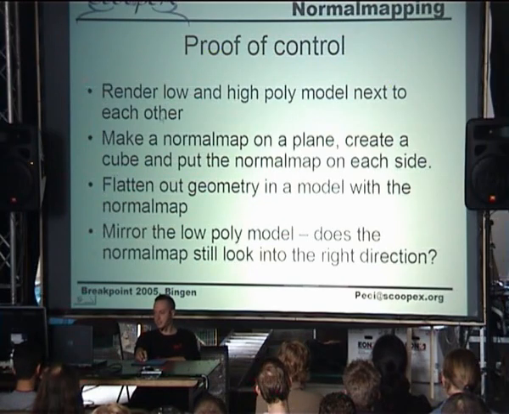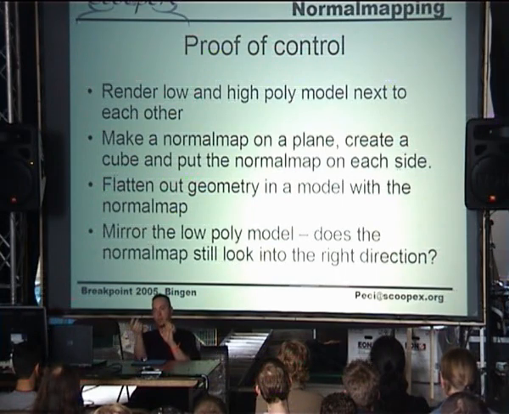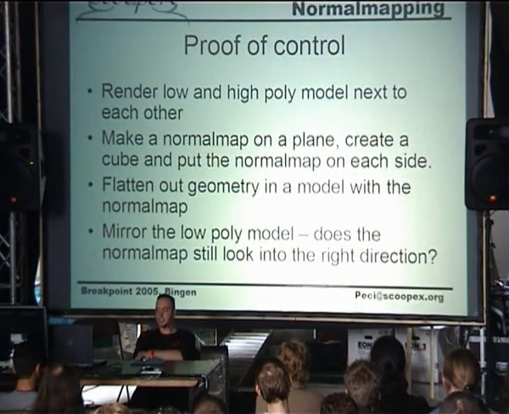Well, this was the first test. A second test would be to check if your tangent and binormal calculation is correct. I did that by creating a normal map from a flat plane and just putting some bumps into the high detail map, and then creating a simple cube and putting the normal map from the plane on each side of the cube, so I have all the rotations, and I see that the calculation in the tangent space works correctly.